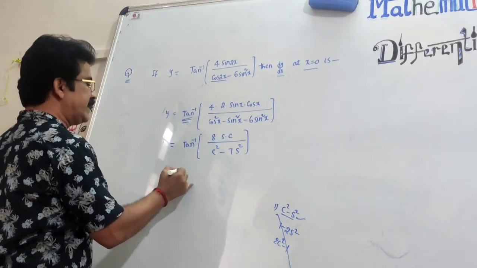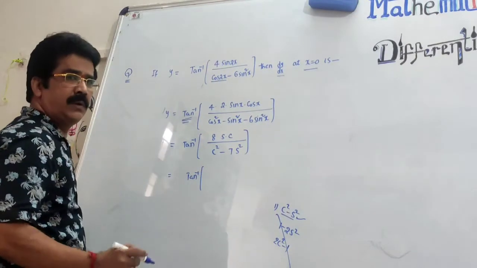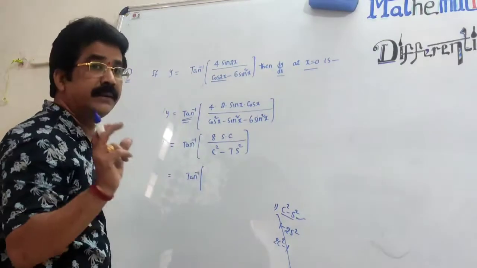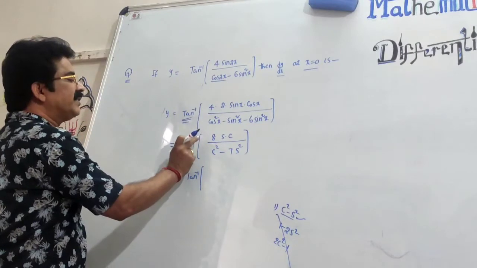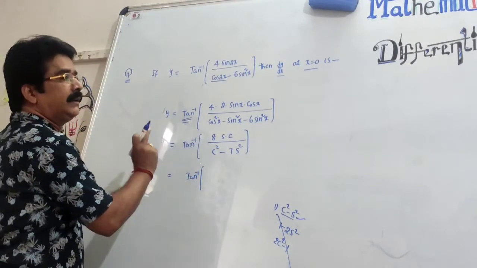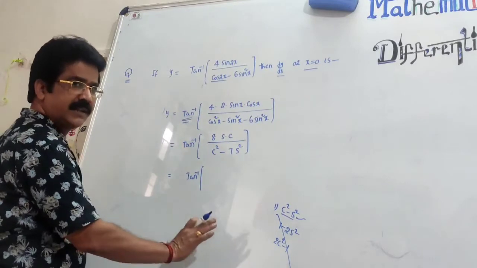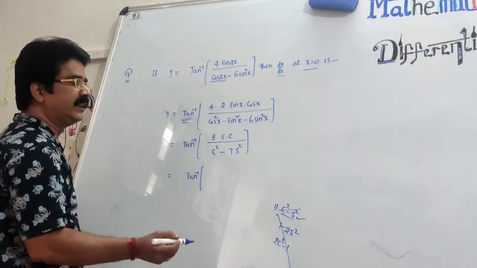Okay, so now we divide by cos square x in the numerator and denominator. Why? To obtain tan terms inside, because tan inverse of tan of x is equal to x. This is the reason to apply the formula cos square x minus sin square x.